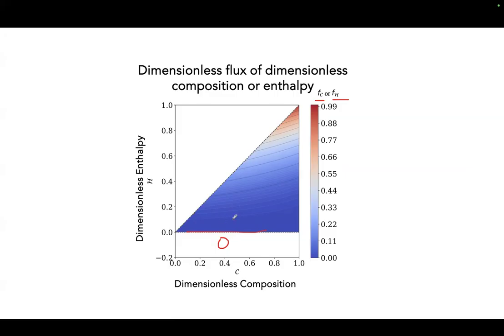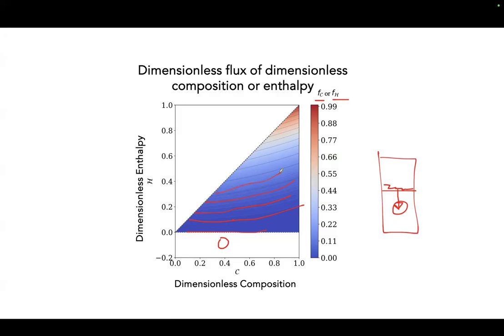But if there is some liquid present in this Firn, that liquid can move down. And as it goes down, it carries its latent heat with it. And it can change the enthalpy of this region in the next instant. So these are directly connected and these are identical, the flux of composition and enthalpy.